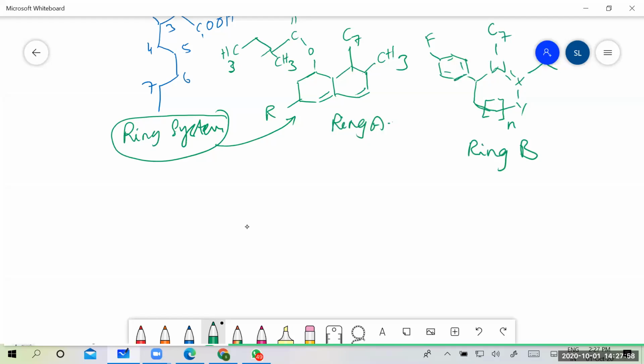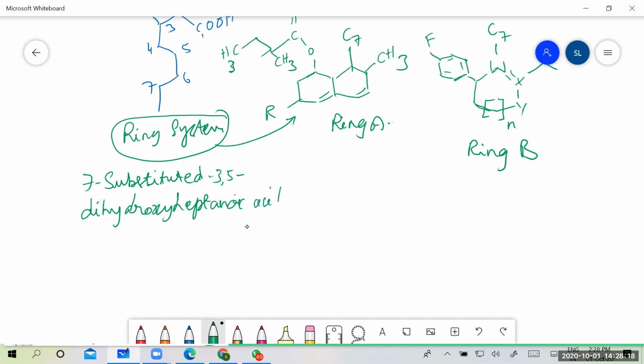To it this partially hydrolyzed system, we call it 7 substituted 3,5 dihydroxy heptanoic acid. Hepta means 7 carbon. Okay, so 7 substituted 3,5 dihydroxy heptanoic acid.